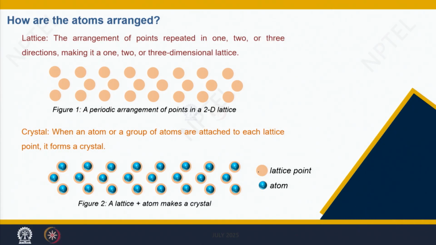So, we have already seen in earlier lectures how we define a lattice. It is a periodic arrangement of points in 1, 2 or 3 directions, giving rise to 1D, 2D or 3D lattices.